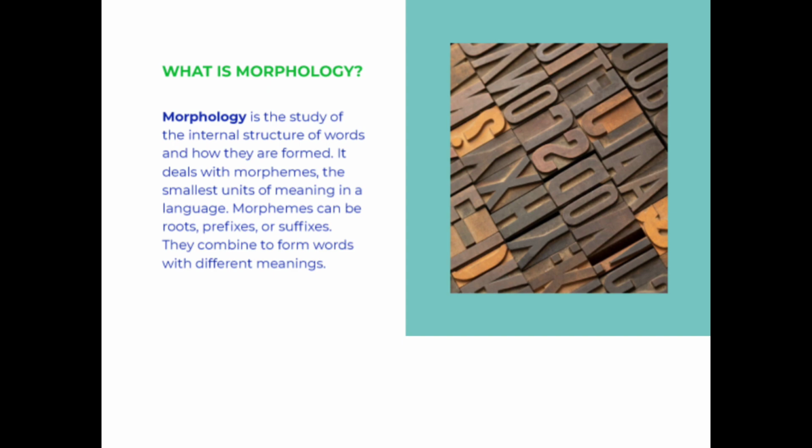Now what is morphology? Morphology is the study of the internal structure of words, and how they are formed. It deals with morphemes, the smallest units of meaning in a language. Morphemes can be roots, prefixes, or suffixes. They combine to form words with different meanings.